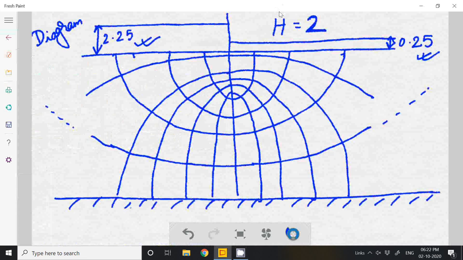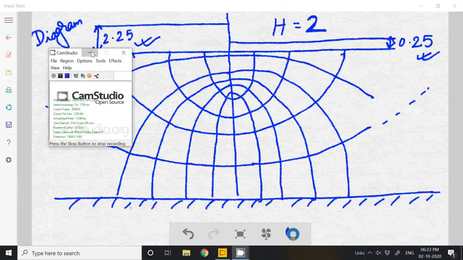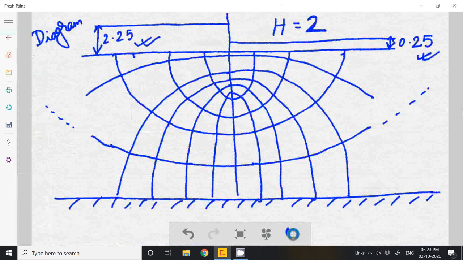K H Nf by Nd. In that formula we have to use H equal to 2 here. So the first value we have got is H equal to 2, and our ultimate problem is to find out Q. Q is equal to K H Nf by Nd.